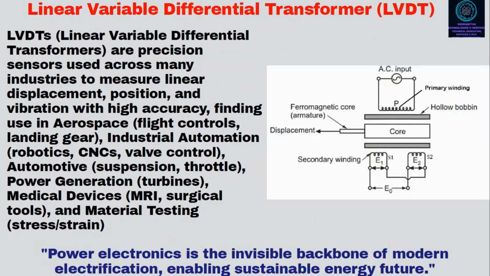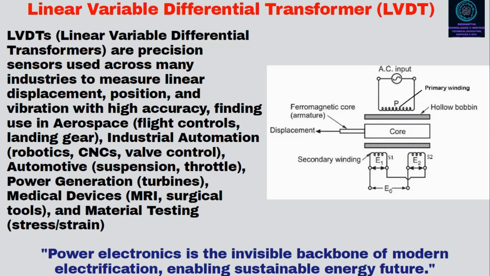One more important thing we have to learn is the linear variable differential transformer, LVDT we call it. So you should have an idea about LVDT also. LVDTs are precision sensors, mostly used in very big industrial sensor circuits across many industries to measure linear displacement, position, and vibration with high accuracy.